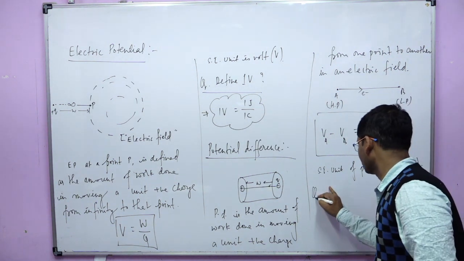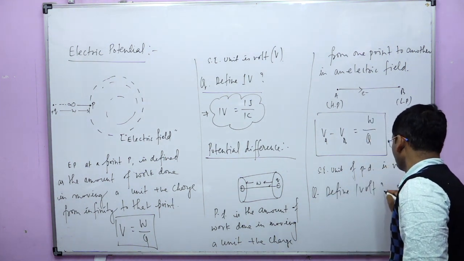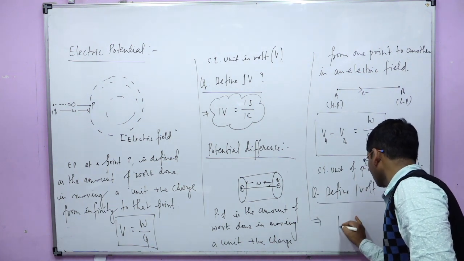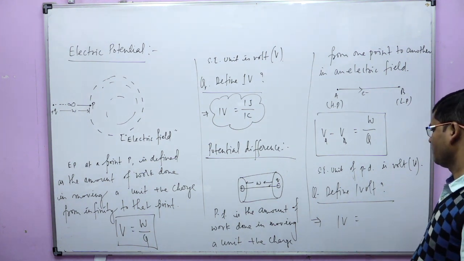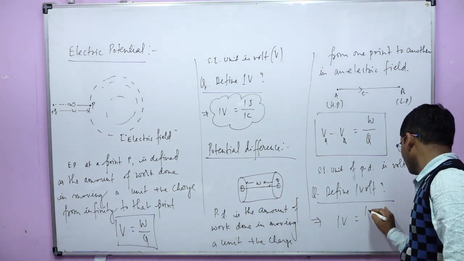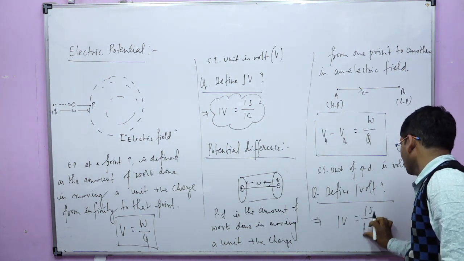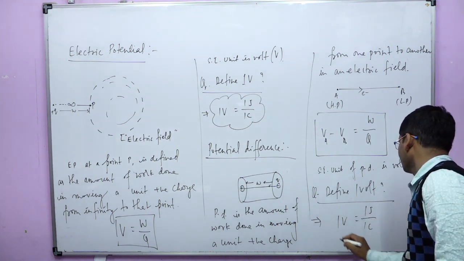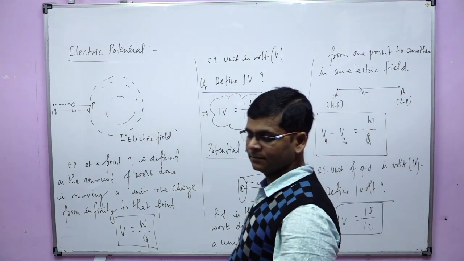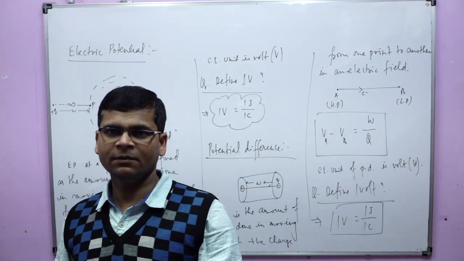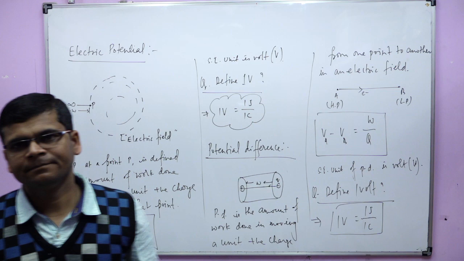And if you are asked to define 1 volt, then you can say that 1 volt of potential difference between two points in an electric field is when 1 joule of work is done in carrying 1 coulomb of charge. That is 1 volt.